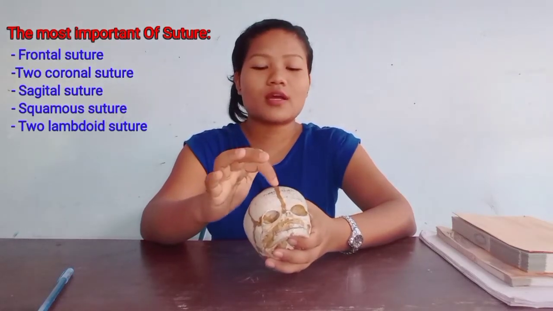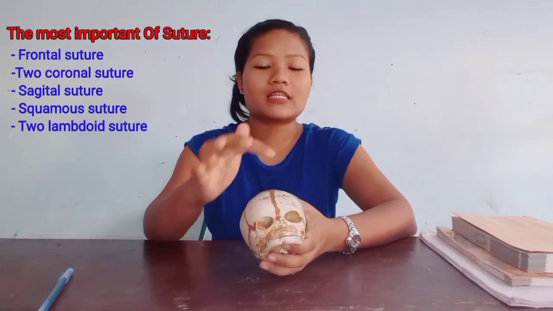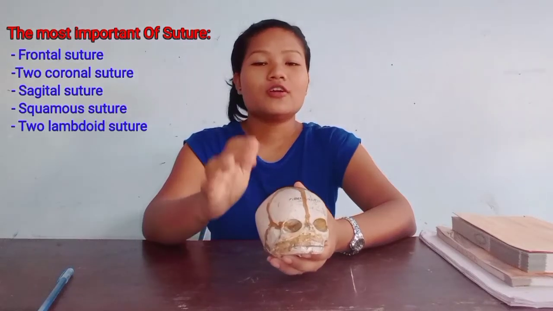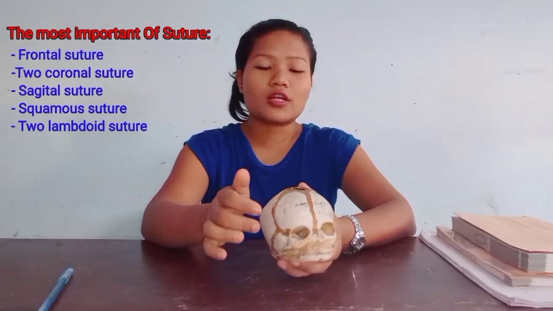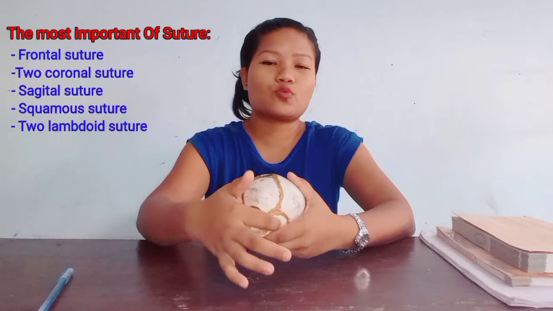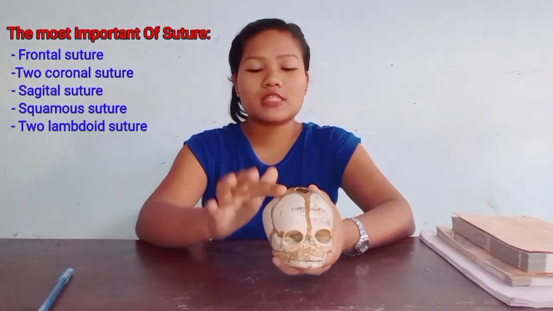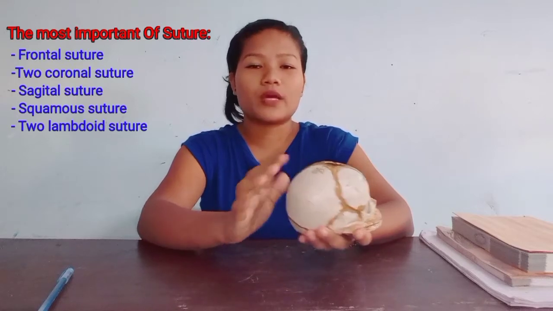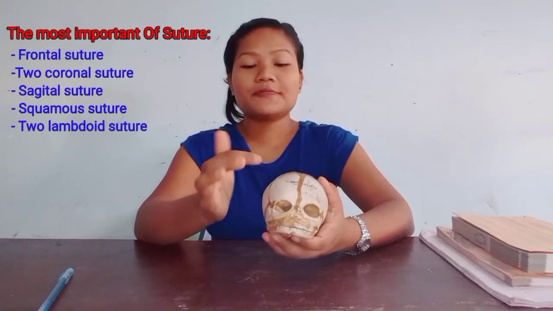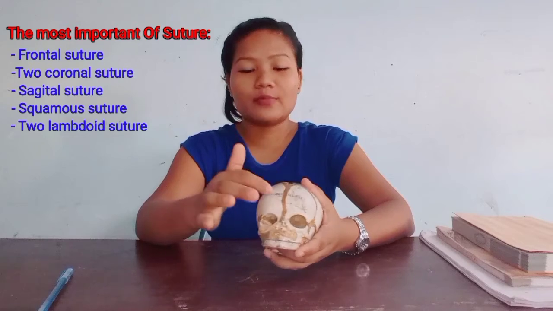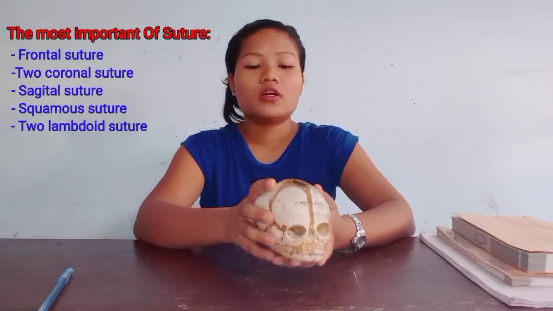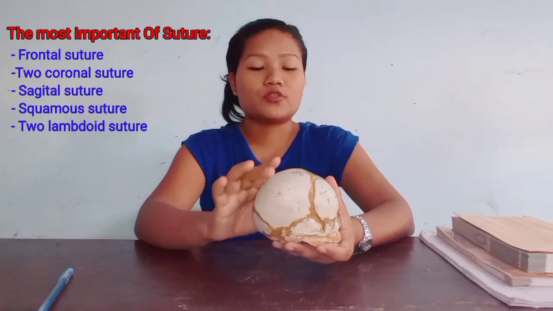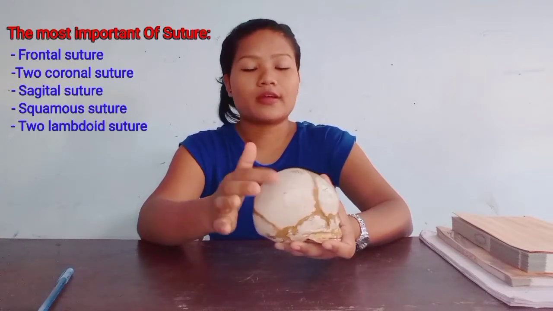Frontal suture, this one is the frontal suture, which lies between the 2 frontal bones here you see, and the coronal suture. There are 2 coronal sutures, this one and this one, which lie between the frontal bones and the parietal bones. And now sagittal suture, which lies between the 2 parietal bones here.